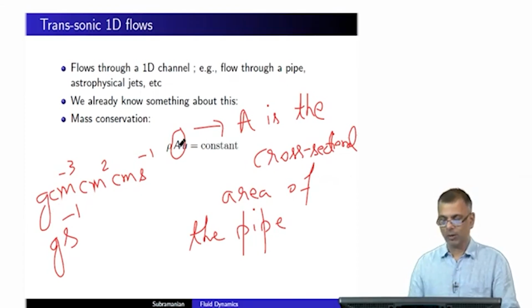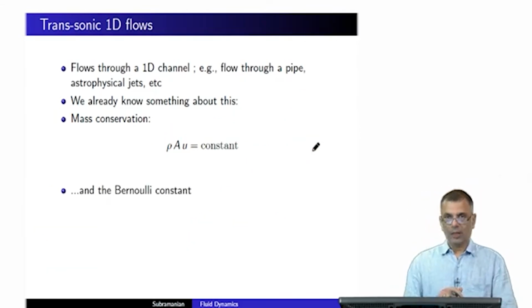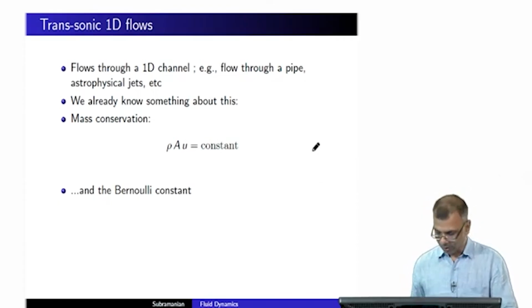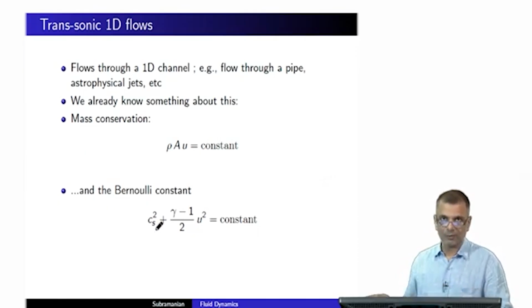Rho A U equals constant, where A is the cross-sectional area of the pipe, which is allowed to vary with x. The other thing is the Bernoulli constant, which is essentially an energy conservation equation, and that can be written like this. This is slightly different from the way we were writing it earlier, but it is essentially the same thing, where Cs is of course the sound speed, which is allowed to vary.